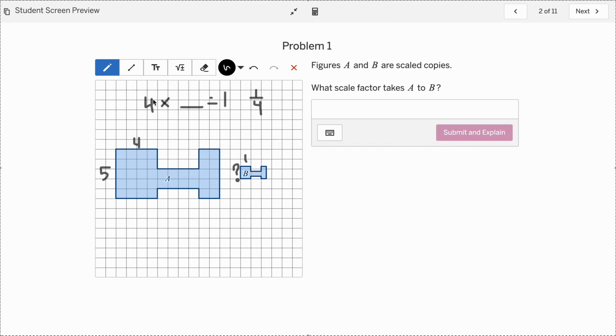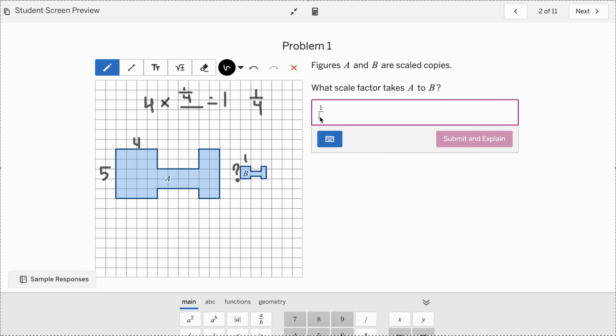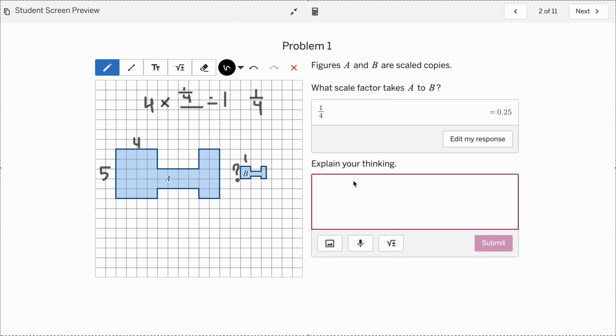Okay, so I know that if I multiply 1/4 and 4, I will get 1. But I can also then change that into a decimal. You can put 1/4 in here, but you could also tell me the decimal. So it'll tell you the decimal as well. And you can then tell me how you know that that's your answer. So I know I kind of gave you the answer there, but I hope that that can kind of help you as you move on to the rest of the homework.